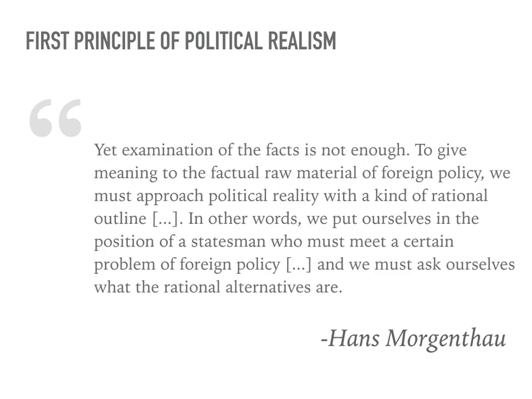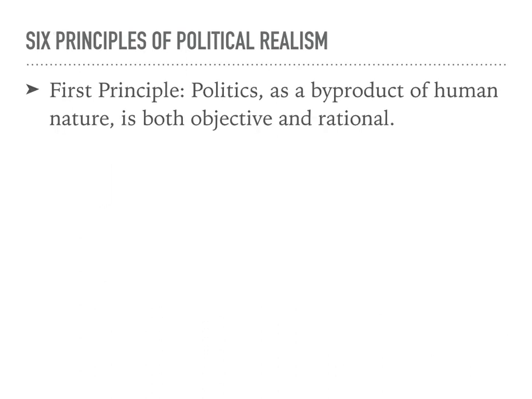To give meaning to the factual raw material of foreign policy, we must approach political reality with a kind of rational outline. In other words, we put ourselves in the position of statesmen who must meet a certain problem of foreign policy. We must ask ourselves what the rational alternatives are. And so principle 1, politics as a byproduct of human nature is both objective and rational.